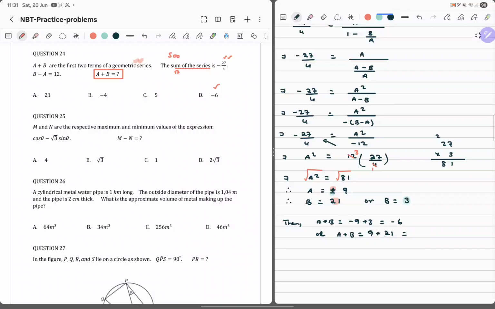This becomes 30. So we don't see 30 here, so definitely the answer is D. So therefore the answer is D.